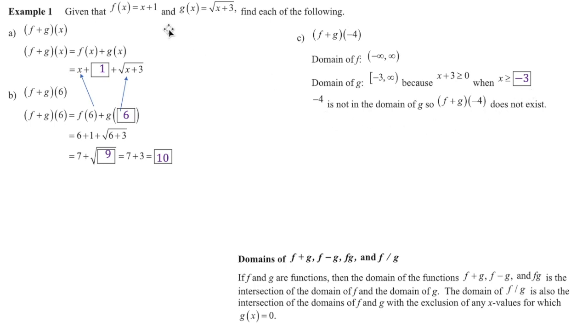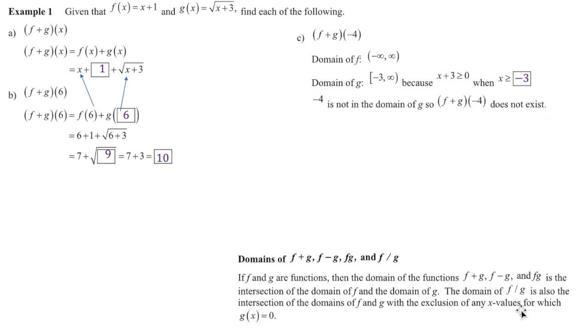I certainly could evaluate my f function at negative 4. However, I won't be able to evaluate my g function at negative 4 because it doesn't exist. And since one of them doesn't exist, we cannot find the sum of these two functions together. So we would simply say that it does not exist.